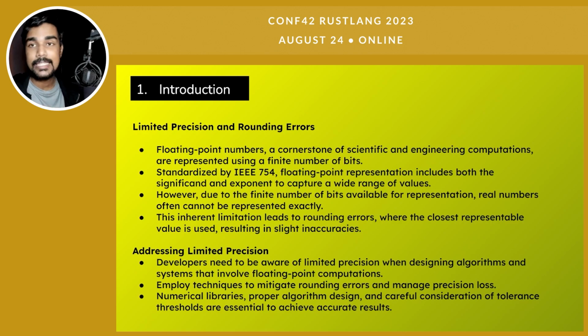Since the number of bits available is finite, representation of real numbers often cannot be done exactly. We don't have infinite bits, so we can only represent values in a certain range, which we'll look at in the examples in the slides. This inherent limitation leads to rounding errors.